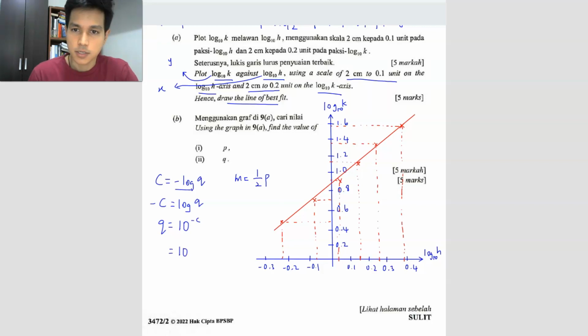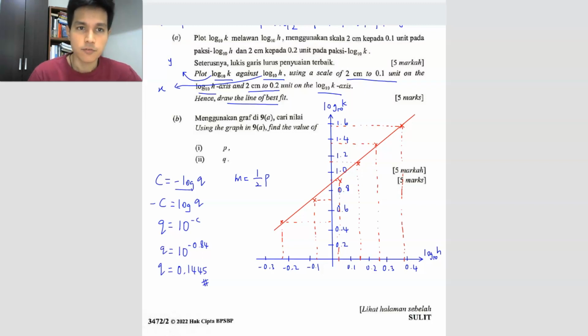Negative C, which is the intercept. So the intercept is 0.84. That's what I got. Okay, based on your graph, you will get a different value. Okay, but should be close to 0.84. Okay, so the answer here I got is 0.1445. So that's your Q value.